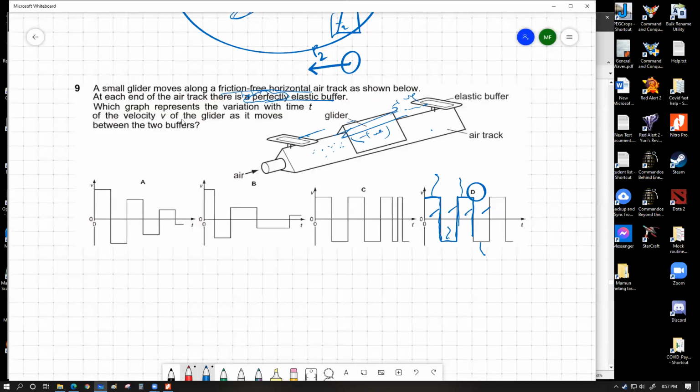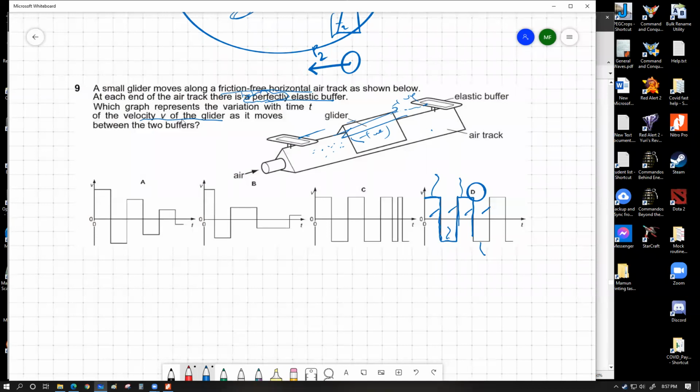Oh, sir, we are using the air so that the glider moves in a frictionless manner, and the air buffers bounce the glider back and forth. Precisely, exactly. Thank you, sir. Now I understood.